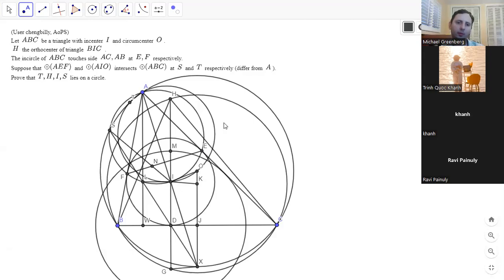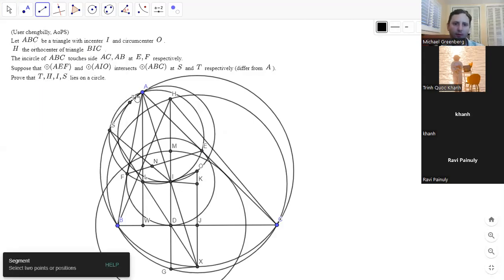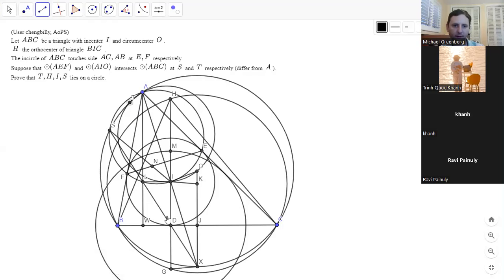I don't know if that helps. I wonder if TN and D are collinear. No, they're not.